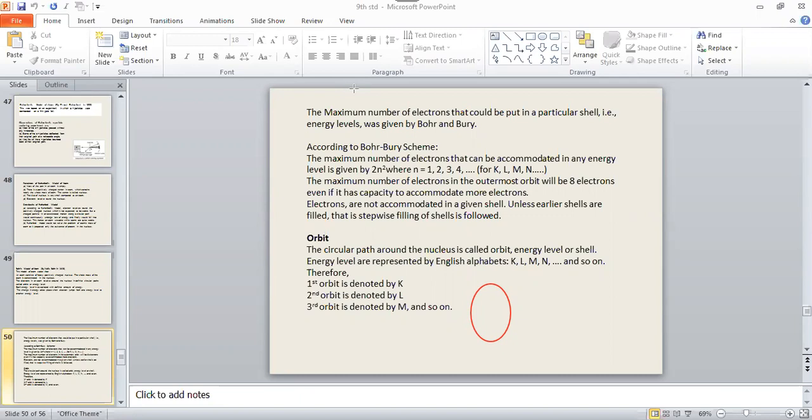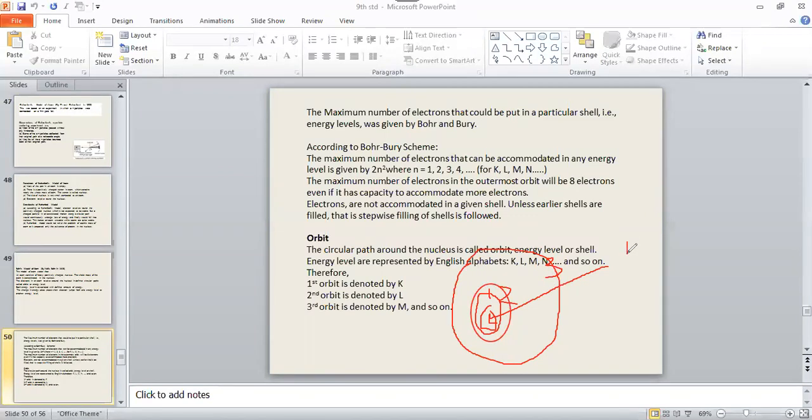Second orbit, third orbit, and the nucleus. So the central part is the nucleus, and this is orbit number 1, orbit number 2, orbit number 3, like this. These are the orbit numbers.